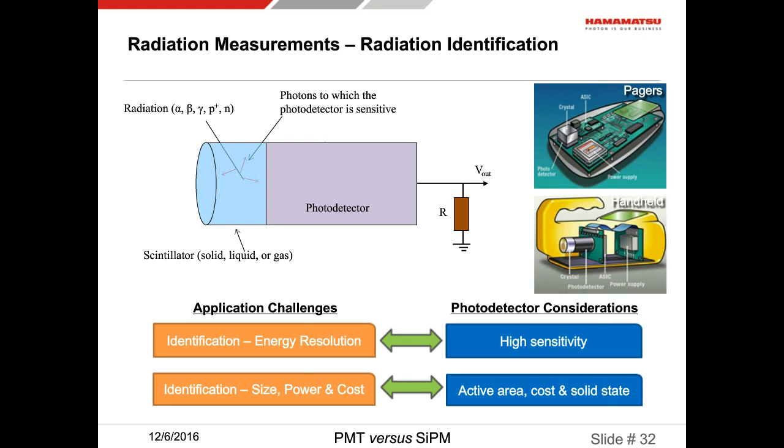These detectors should be small because we are interested in devices that are handheld, as shown on the right-hand side. And thus, there should be small power consumption, low cost, and small size. And this probably favors, therefore, a solid-state device like silicon photomultiplier.